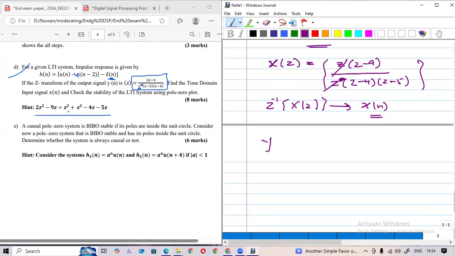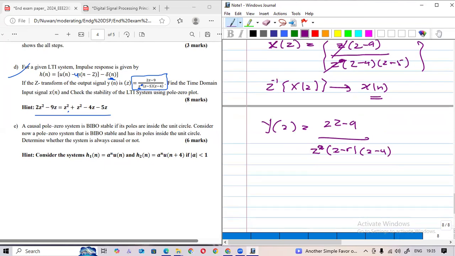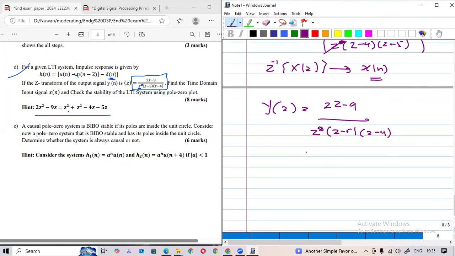YZ as Z square, YZ as 2Z minus 9 Z square, Z minus 5, Z minus 4. I will take this as Z square. Then again, YZ divided by HZ, that is XZ.